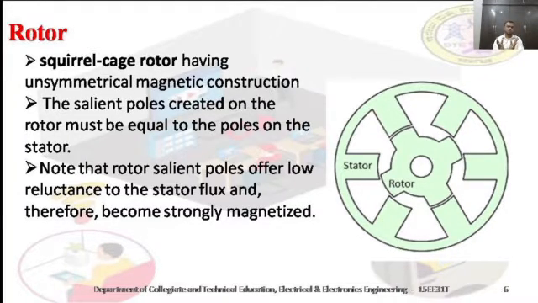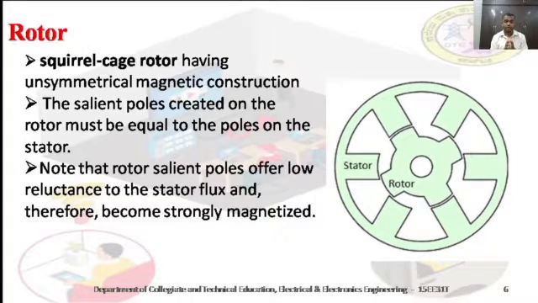The first one is the rotor we are using here. The rotor is nothing but a squirrel cage with unsymmetrical magnetic construction. Symmetrical means what? If we close our hands, that is symmetrical. If you open it, this will be symmetrical.